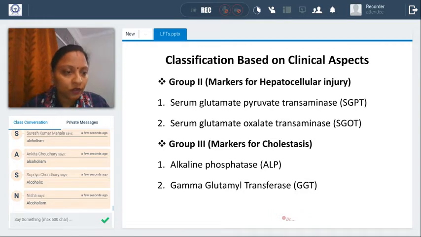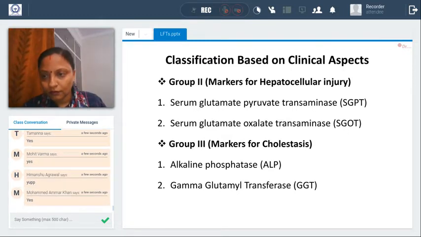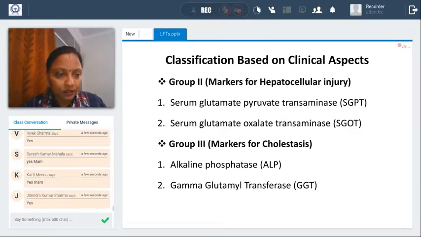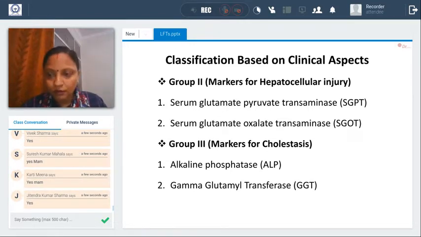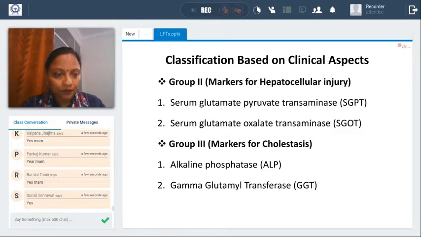Am I audible to all of you? Please write in the box. Neha, please write in the box the enzymes which are important for the diagnosis of cholestasis.